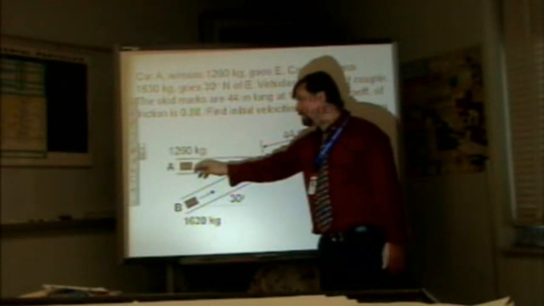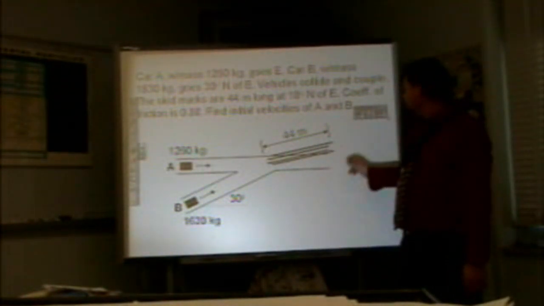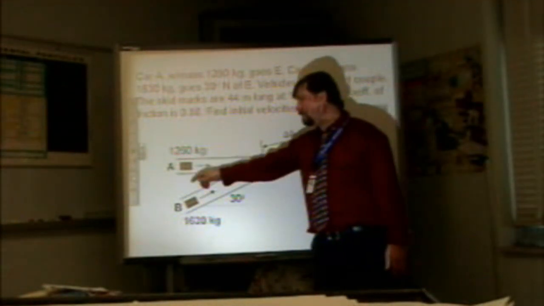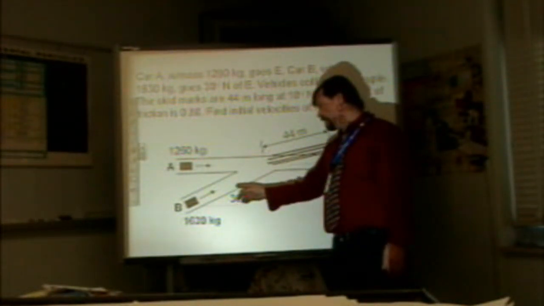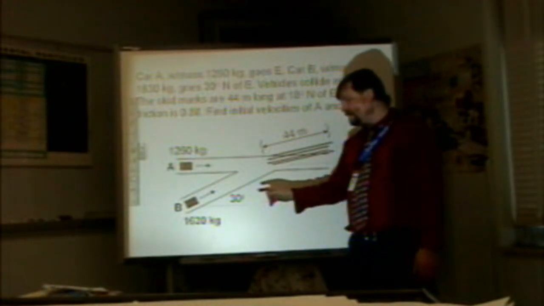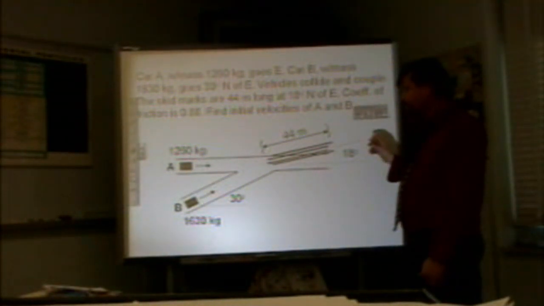We have a car going due east that has a mass of 1,260 kilograms. We have a car traveling 30 degrees north of east with a mass of 1,630 kilograms.